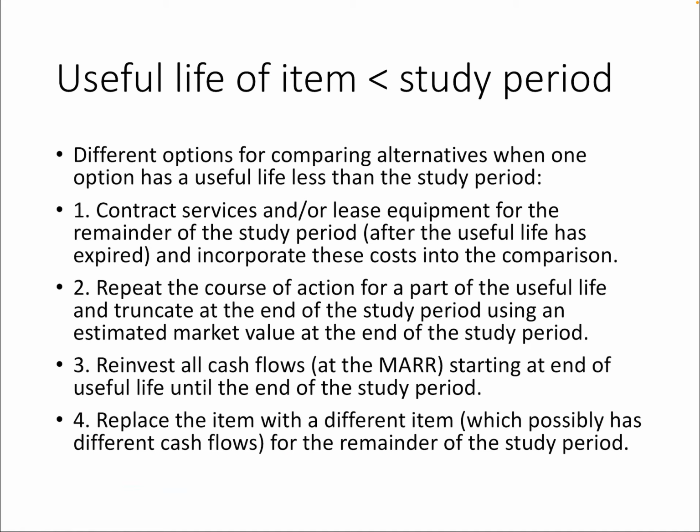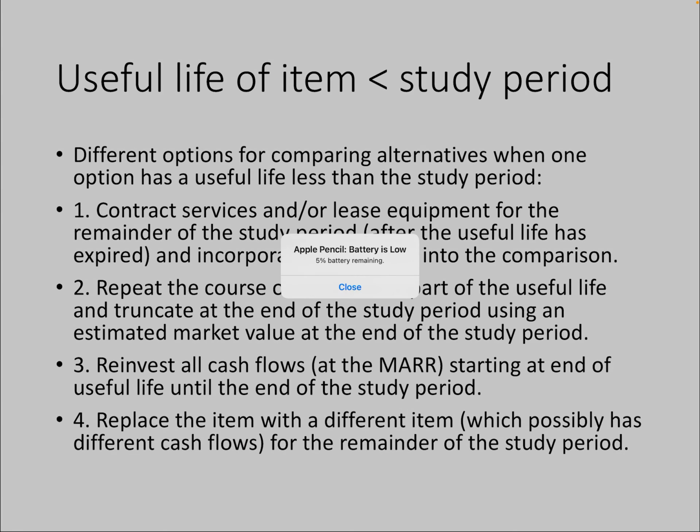The fourth method is to replace the item with a different item, which possibly has different cash flows for the remainder of the study period. So after the 4 years, the first equipment is retired, and then you just buy a new one.